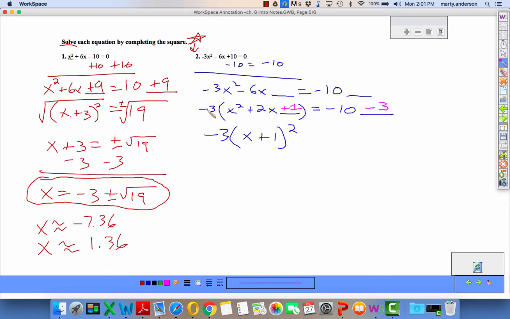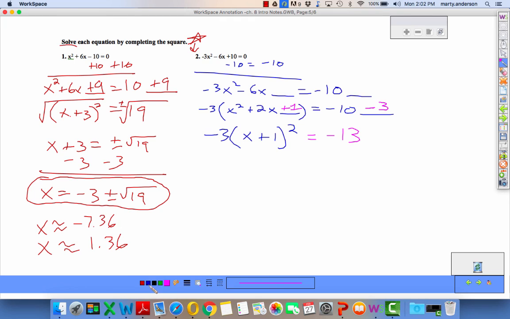That's very important that you understand that this minus 3 is in this whole thing, because if you think about where this came from, this negative 3 is still being multiplied. So in order to put this back together properly, we have to take into account that that minus 3 is multiplied there. And I get minus 13.